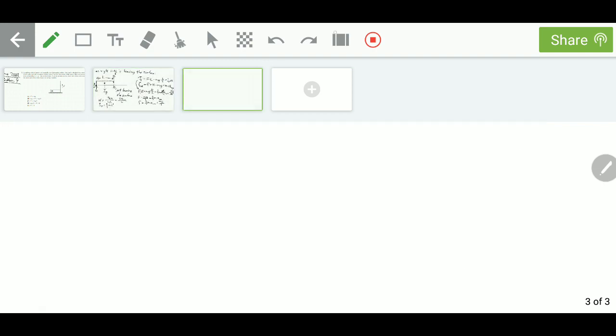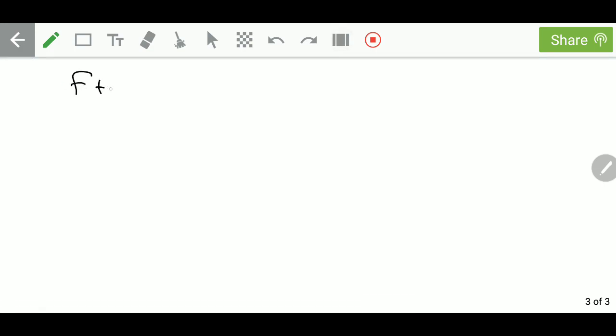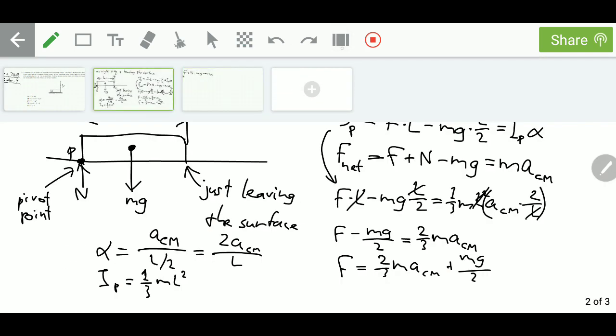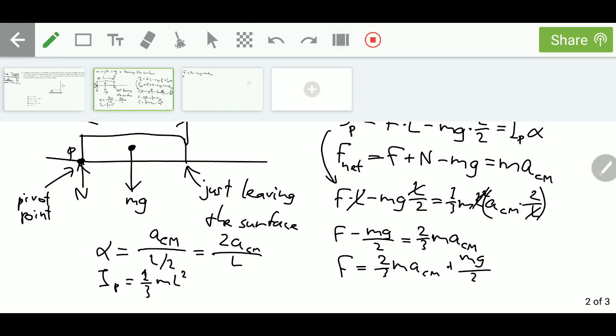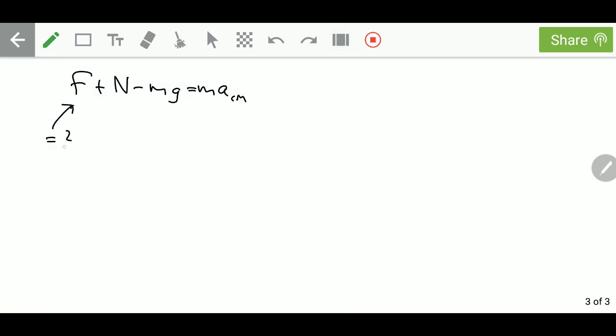Again, we have F plus N minus mg equal to m times the acceleration of the center of mass, but we also have F, which equals, from what we just proved, 2/3 m times the acceleration of the center of mass plus mg over 2.